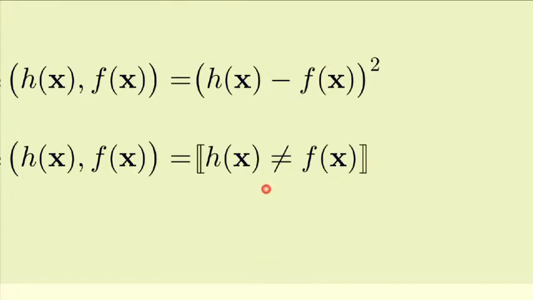That's a standard notation. So if you take this as your error function, what will happen? If h of x equals f of x, then this statement is false, and you return 0. So the error is 0. Good. And if this statement is true, you return 1, and indeed, in that case, you are making an error. So it's a binary error because of this.